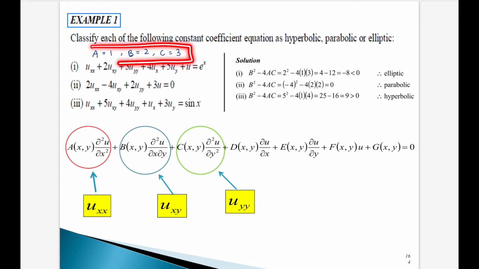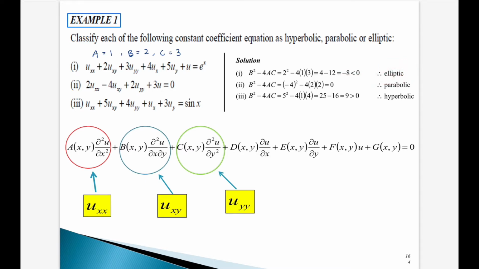With all these values A, B and C, substitute into this equation, B² - 4AC. B squared, 2 squared, minus 4, A equal to 1 and C equal to 3. Simplify, then you get -8. -8 is less than 0, so it is elliptic.